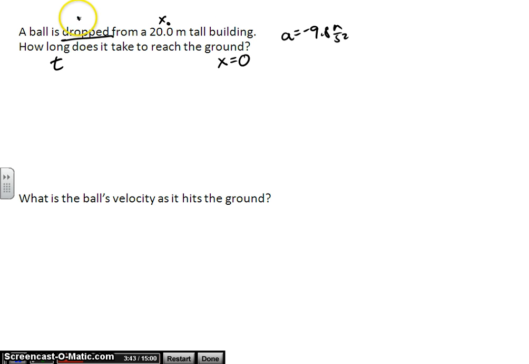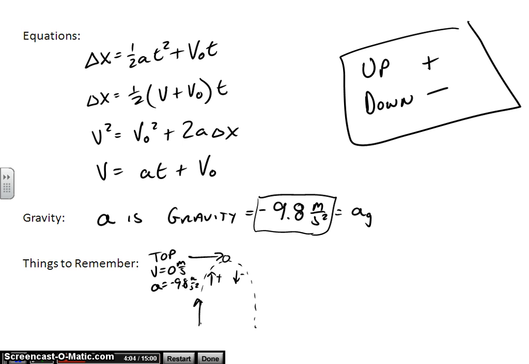Something is dropped means the initial velocity is 0. Just think about it. You're dropping something, its starting velocity is nothing. So I have v naught, x, x naught, a, and t.